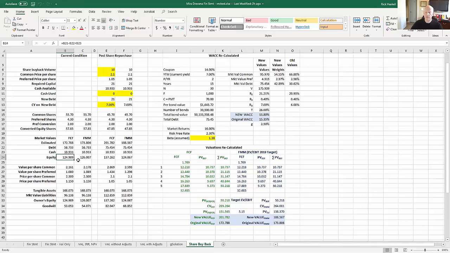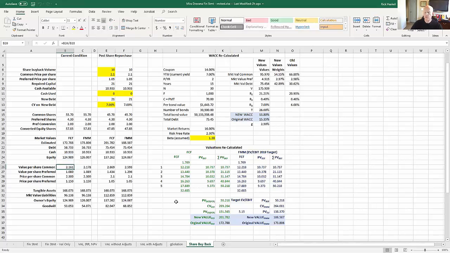So how do I break this down into a per share value or a per share price? So I've gone ahead and here in cell B26, I'm giving us the per share common value, not price, value. And I do that by taking these equivalent converted equity shares and dividing them into this equity amount. So I take the equity amount and divide it by the equity shares.